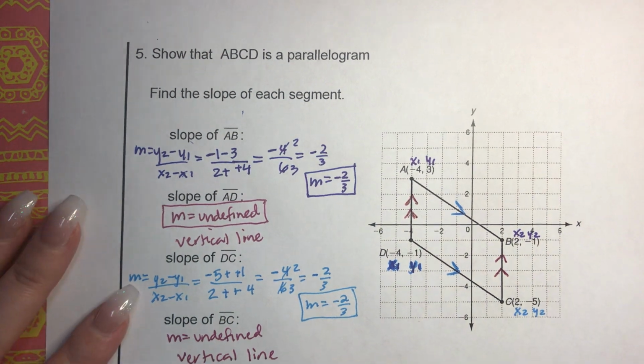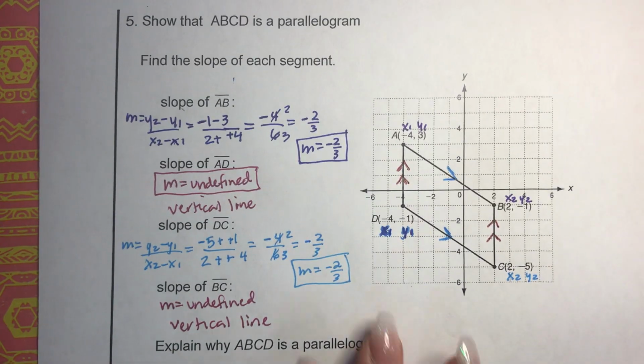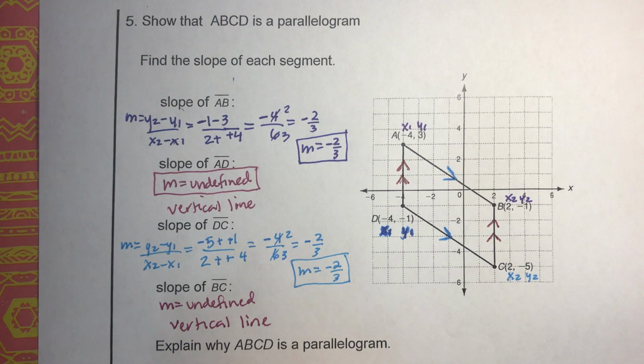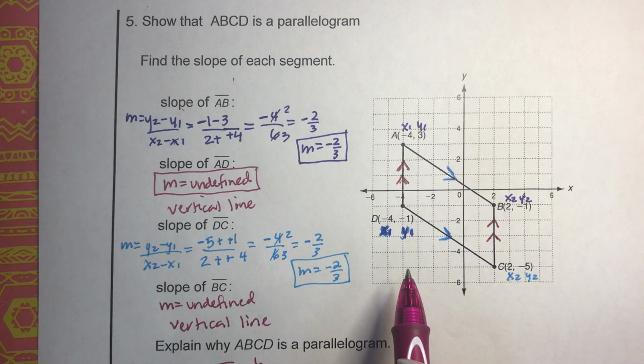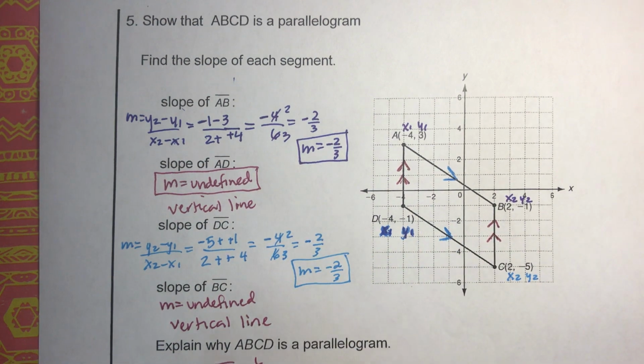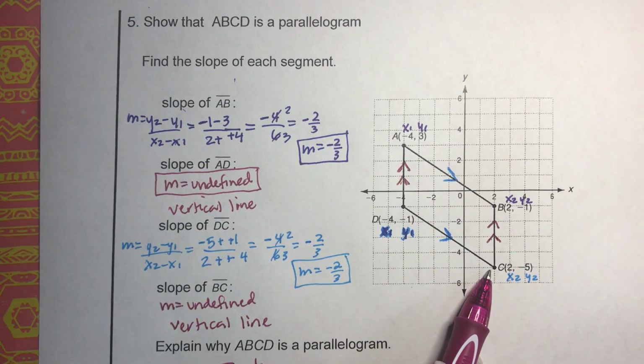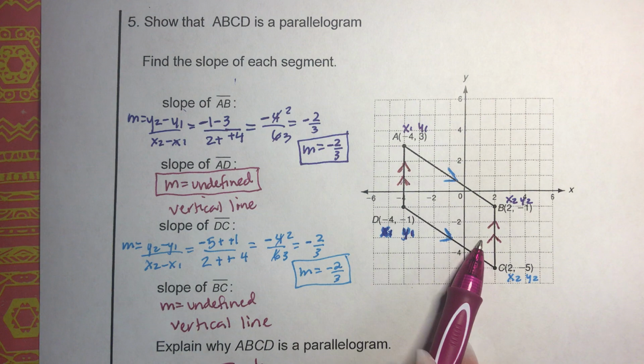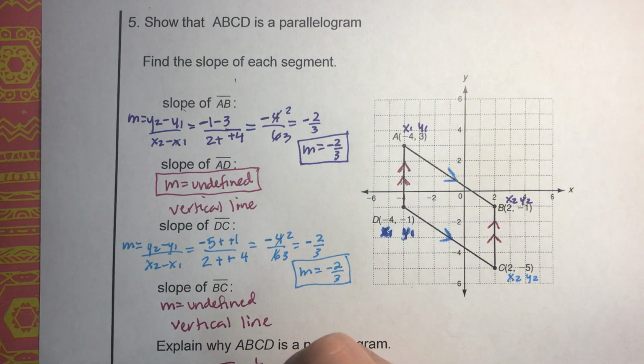Now we just need to explain. We're going to say that line segment AB is parallel to line segment BC. Did I do that right? AB is not parallel to BC, Joy. AB is parallel to DC. What is wrong with me today?